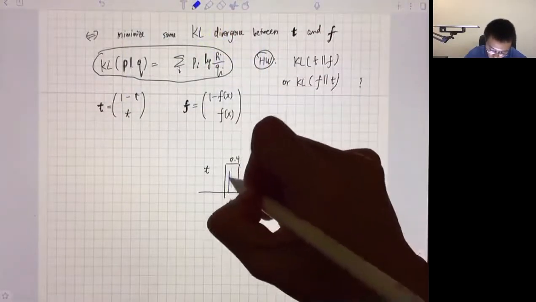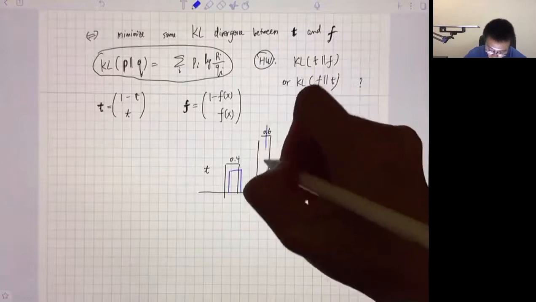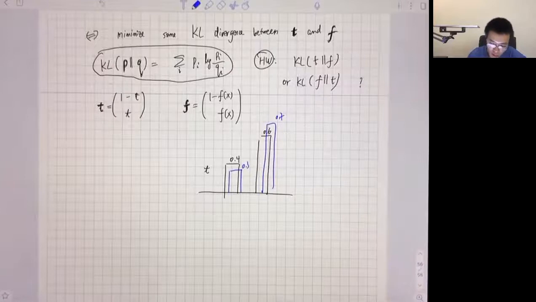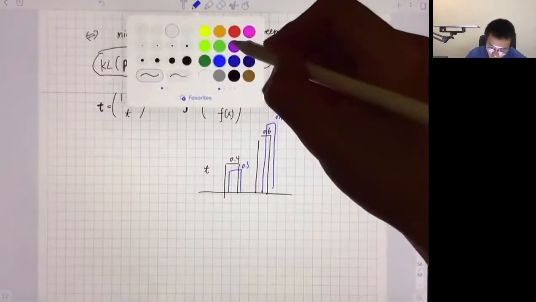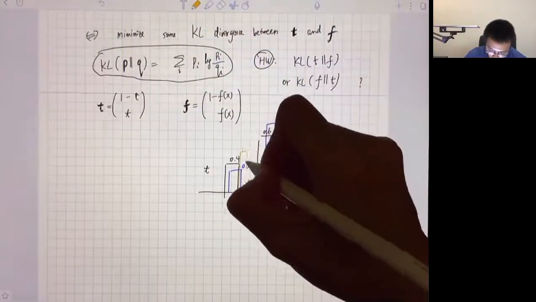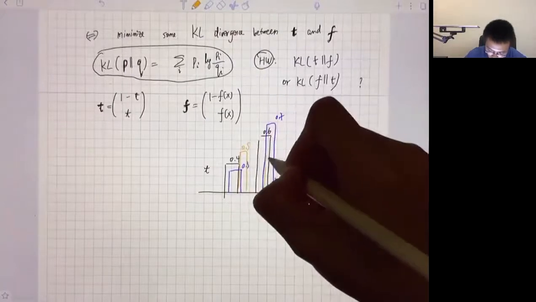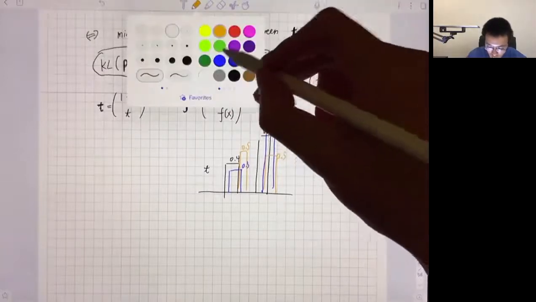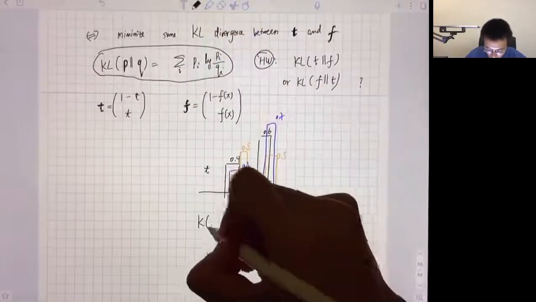One is 0.3 and 0.7, and the other is 0.5 versus 0.5. You see the absolute difference between the blue distribution and the orange distribution compared with the true distribution are the same. The square difference is also the same, but what is the KL divergence, which is larger?